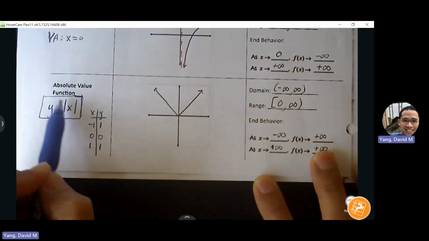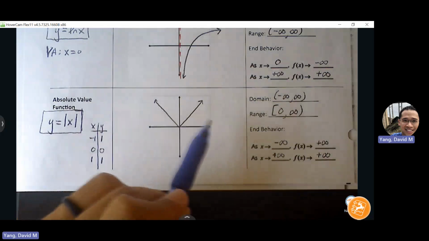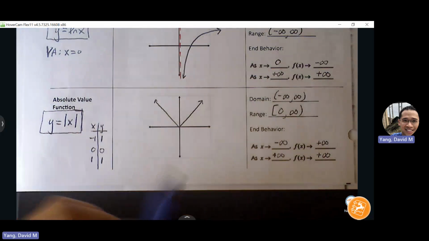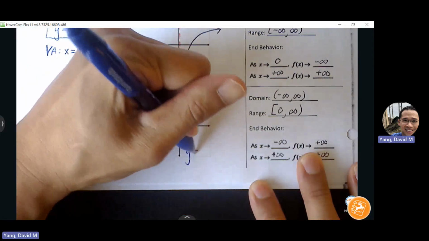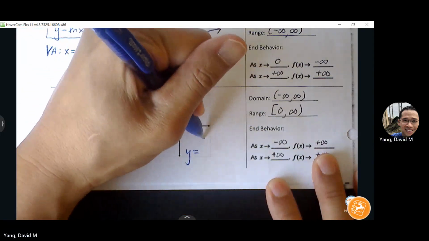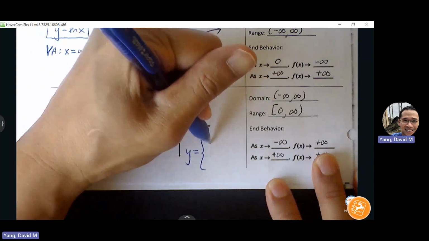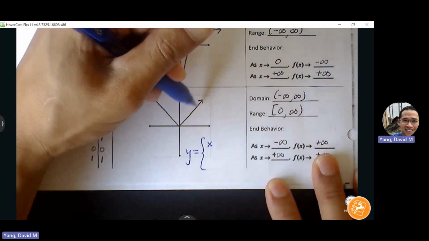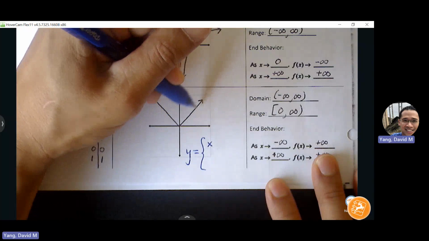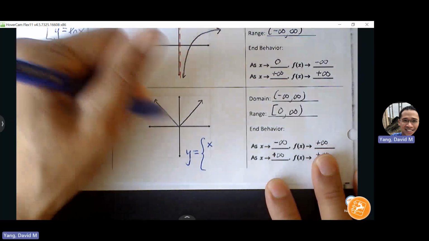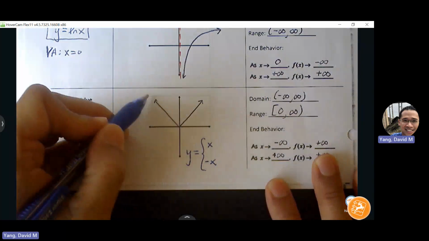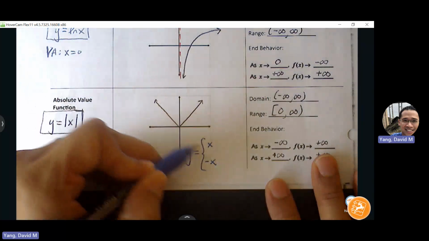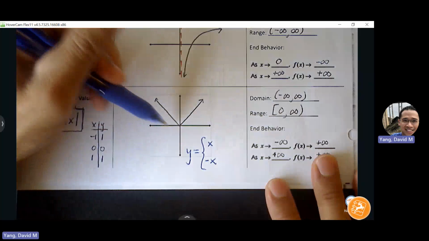So sometimes we like to transform or rewrite this absolute value function as 2 linear graphs, and we call that a piecewise function. So let me write it this way too. We can also write it as y is equal to y equals x, that's going to be this linear graph because that's a positive slope. And then we also have y equals -x, and that is this linear graph. However, we're not extending the graph all the way through, right? Because if we did, then it would look like an x.